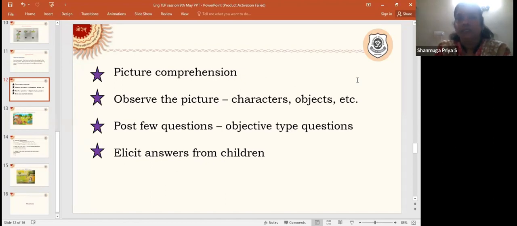Some opposites also can be given. We can pose a few questions related to the picture, and we can elicit answers from the children.